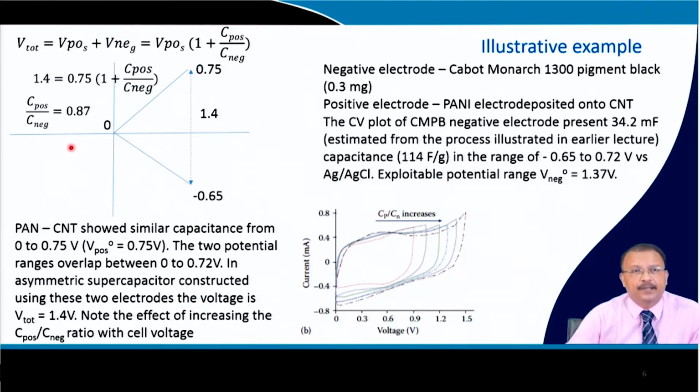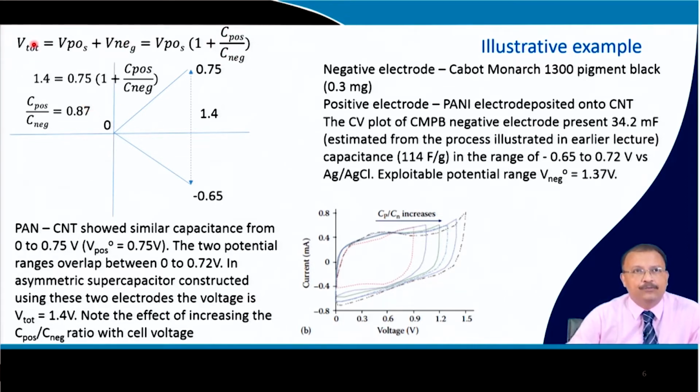Now, I have already deduced this V total as V positive plus V negative, and then finally V positive getting this relation to 1 plus C positive by C negative. So, this ratio we have gotten.